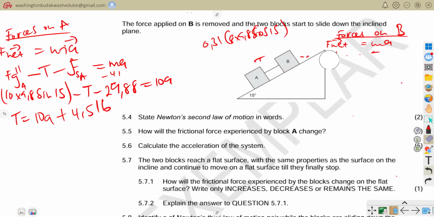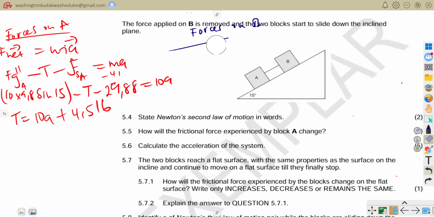Now that we know these are the forces on B, and due to the net force, we can say 8 times 9.8 sine 15 plus, because that is F_g parallel and T, and then we have Fs plus tension minus Fs.